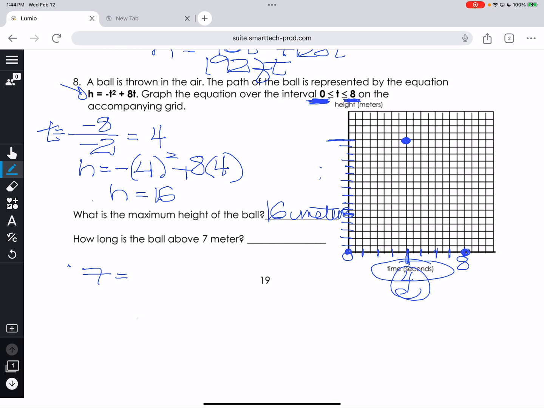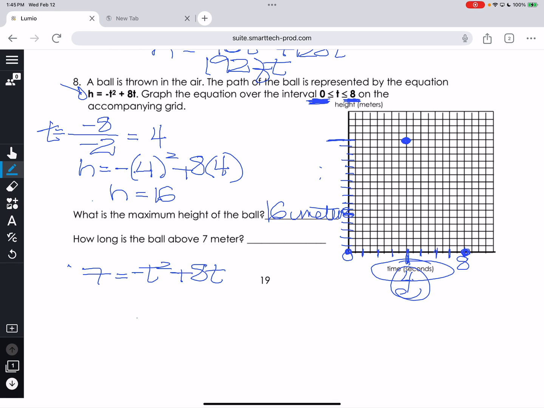The equation: negative t squared plus 8t. Okay? We're still using that top equation. We are going to factor because we want to get a value. All right?